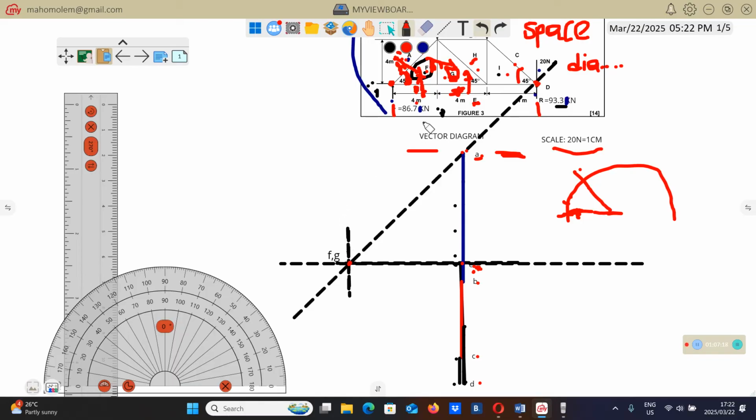The same thing, to find G, you draw a vertical line from F. From F to G is a vertical line, and from E to G is a horizontal line. Where those two lines meet, it will be point G.